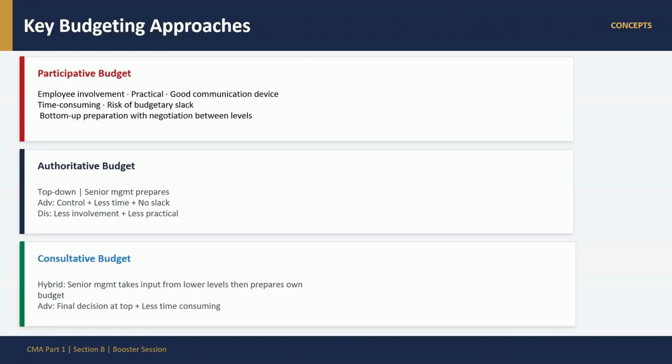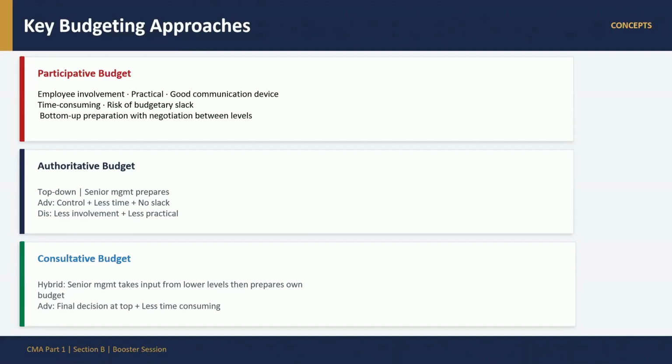But the limitation here in consultative budget is that you're taking inputs from employees, right? And they are also individuals who expect that some of their inputs will be involved in the budgeting process. Assume top management simply spoke and collected inputs; they'll expect some of their inputs will be there in the budget. But if you include none of their inputs, they will be discouraged. That will be the negative side.